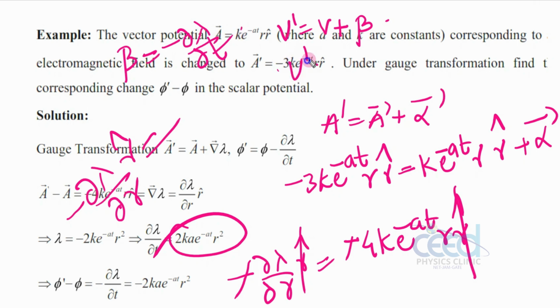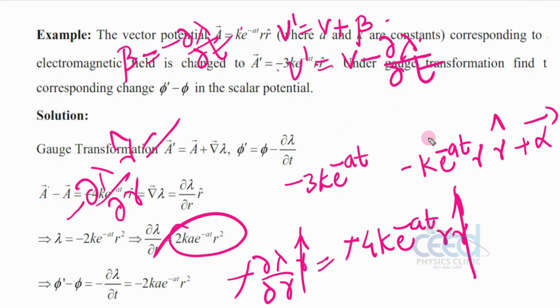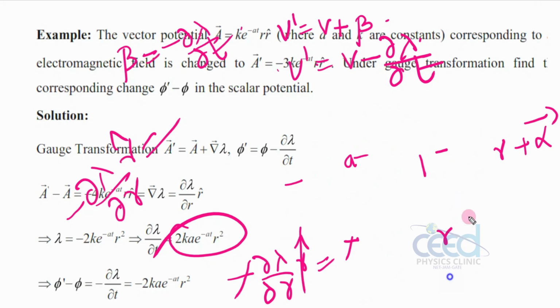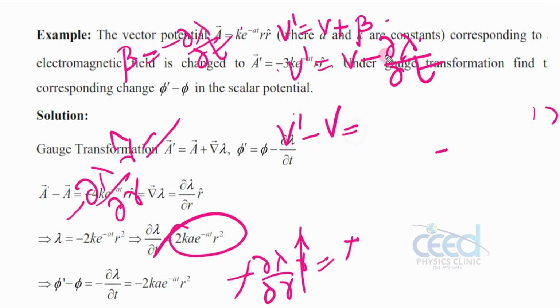So V dash is equal to V minus ∂λ/∂t. Now we substitute the values. So lambda we have seen. What is V dash? V dash minus V, we are interested in the change, is minus ∂λ/∂t.